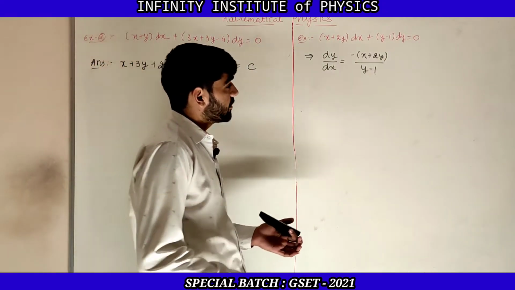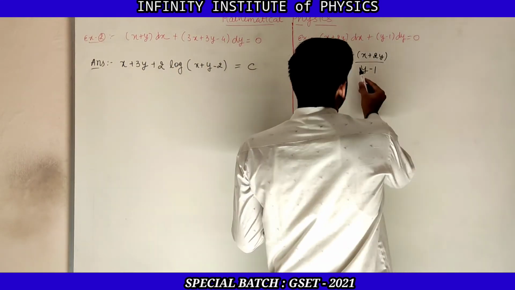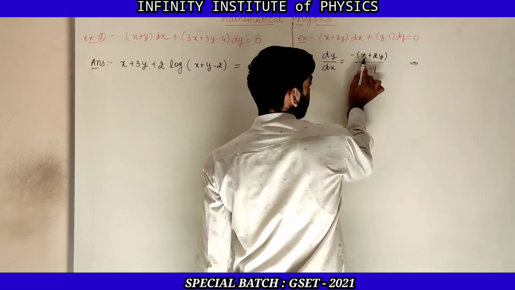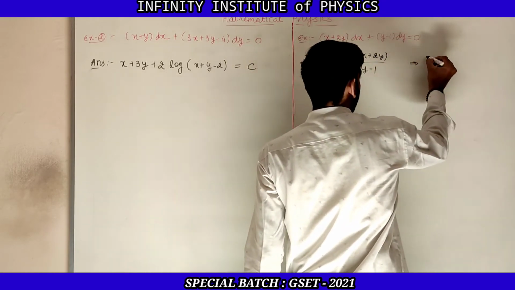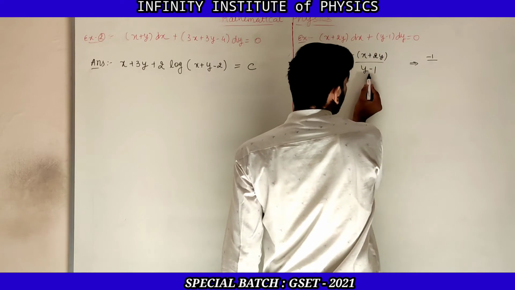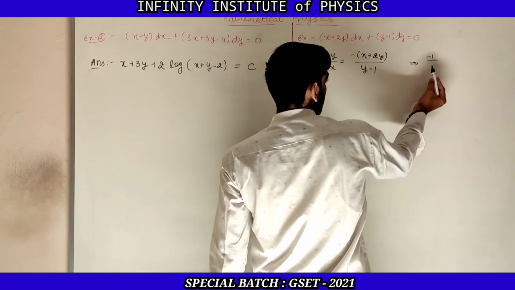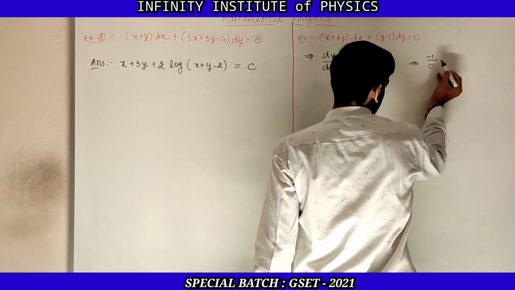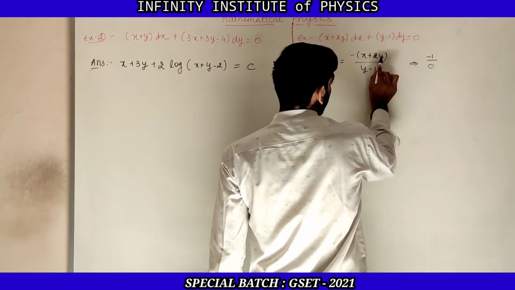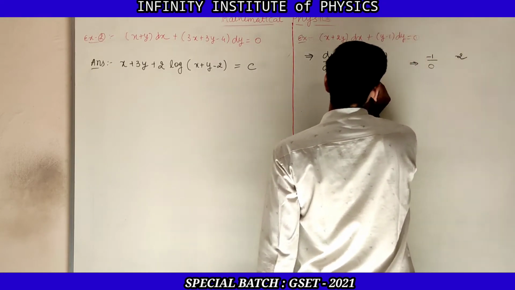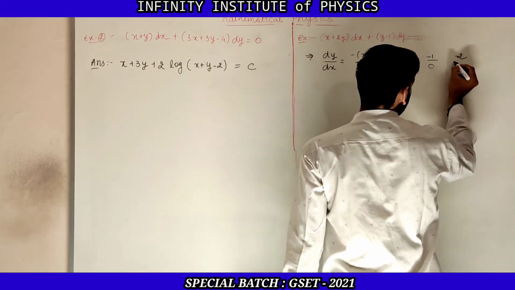Now you can see that a1, the coefficient of x in the numerator, is minus 1, upon the coefficient of x in the denominator, but there is no term of x, so we can assume the coefficient as 0. The coefficient of y in the numerator is minus 2, and the coefficient of y in the denominator is 1.